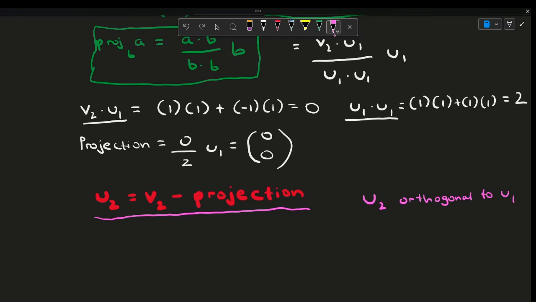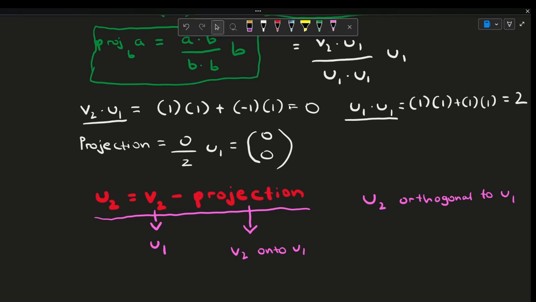Since v2 might have some component in the direction of u1, subtracting the projection of v2 onto u1 removes this component. This ensures that the resulting vector u2 is orthogonal to u1. That is why we're subtracting these two.